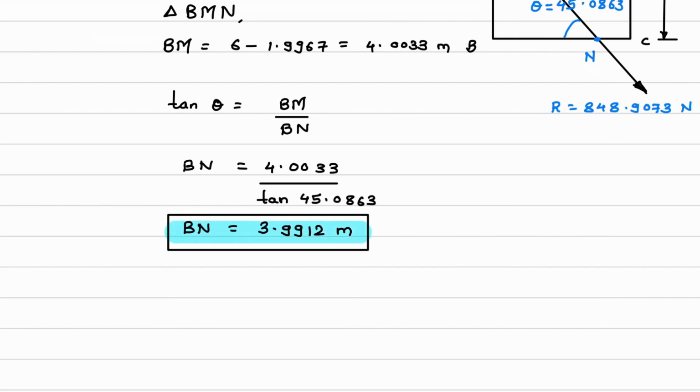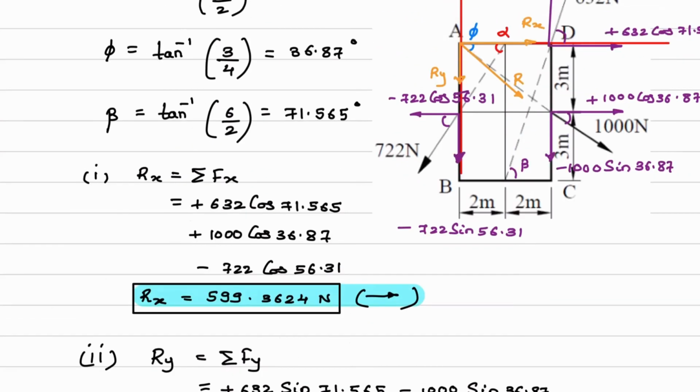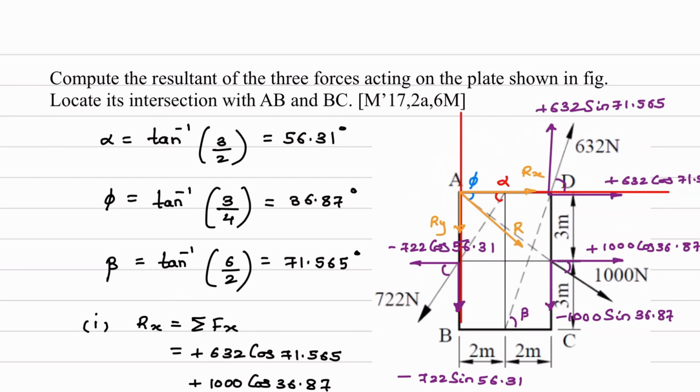So we'll go back to this numerical and understand what we have done. A plate ABCD was given and forces are acting: 632 Newton, 1000 Newton, and 722 Newton. We had to calculate the resultant.